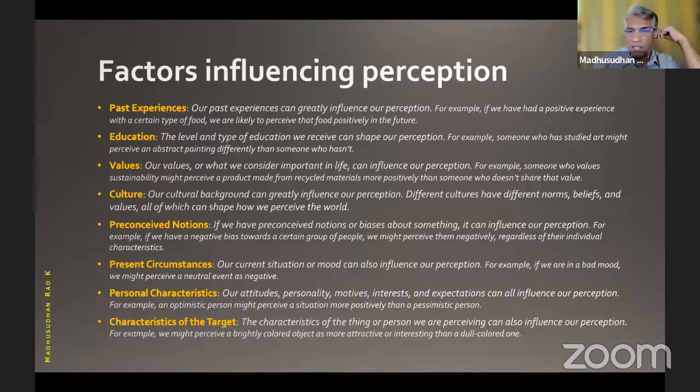Personal characteristics: an optimistic person might perceive a situation more positively than a pessimistic person. Then characteristics of the target: we might perceive brightly colored objects as more effective and interesting than dull colored ones. So what color do most people buy?